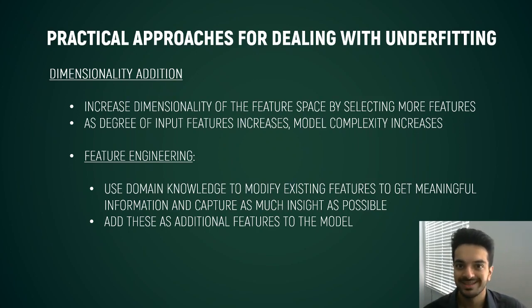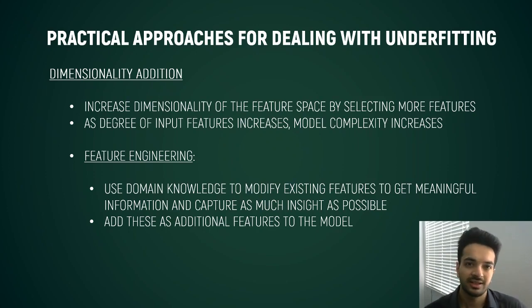So one way to do this is through feature engineering. This is very important in data science. We try to use domain knowledge to modify existing features to get meaningful information and try to capture as much insight as possible. Some ways of doing this: you can engineer labels of categorical variables through one-hot encoding.